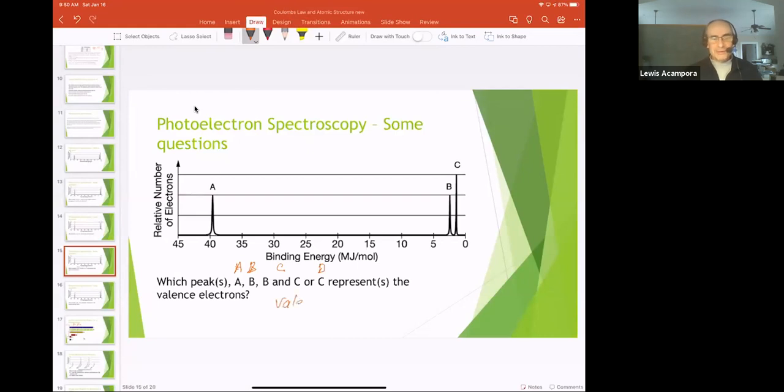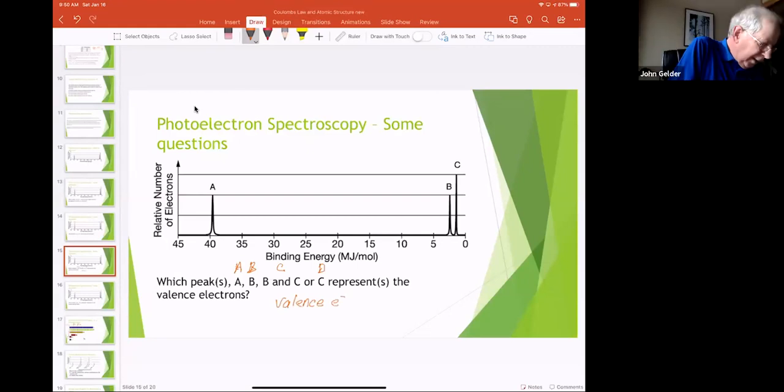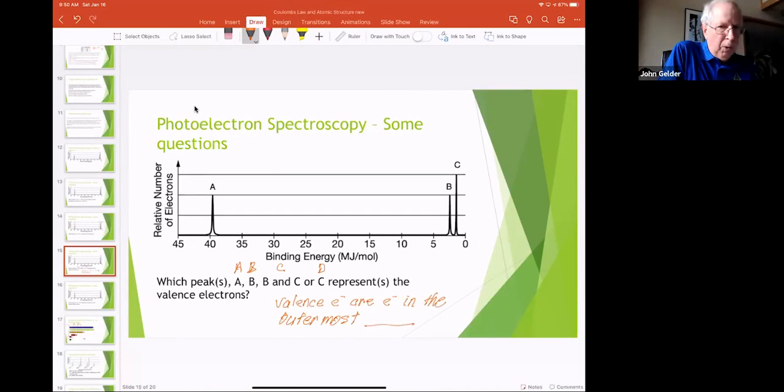3, 2, 1, okay. So valence electrons are electrons in the outermost shell, and this last word is the most important one, because we see so often on the AP exams students misinterpreting the valence electrons.